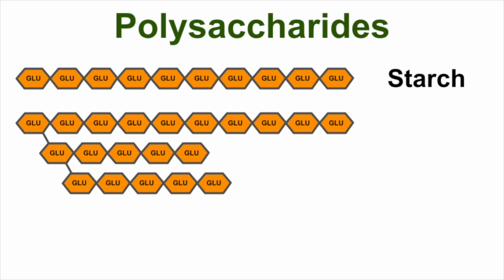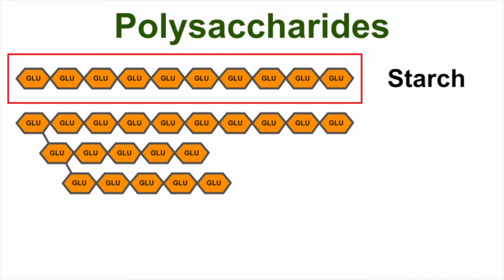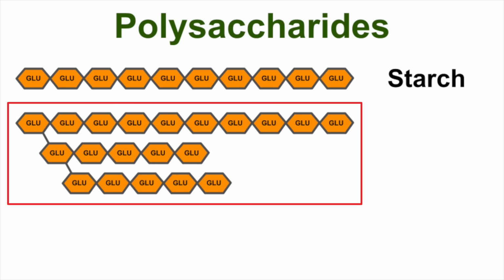And then we have the larger, more complex carbohydrates that contain many molecules of simple sugars. These are called polysaccharides. Poly means many. So polysaccharides are therefore large molecules consisting of many molecules of simple sugars. Starch is one example. It's a chain of many glucose molecules. These can be simply connected in a straight chain like that, or in a branched chain.